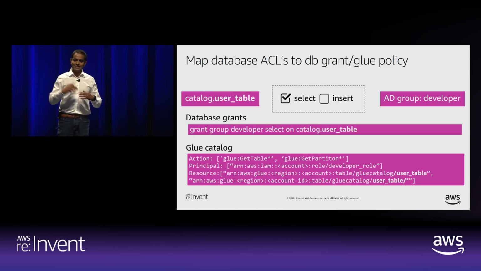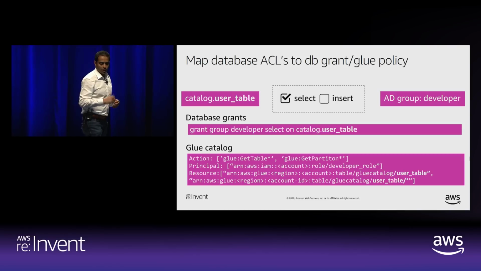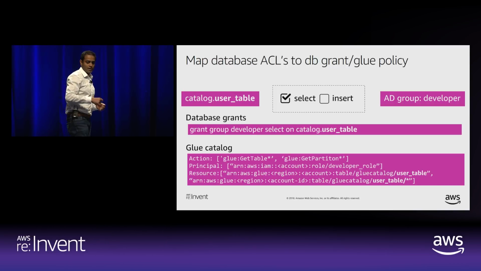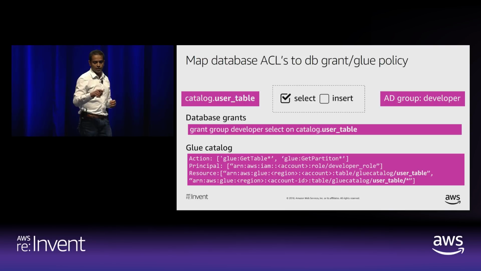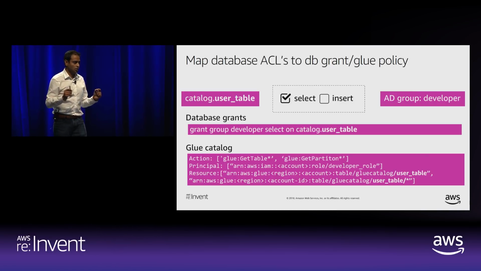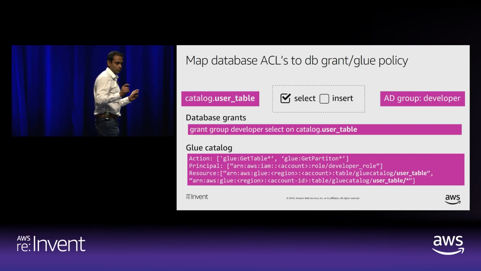Now, in the case of Glue catalog, because we have a separation of storage, compute, and catalog, this kind of control can be inserted directly at the catalog level. And the way you would do that is something like this. You have an action called glue get table or get partition. The principal here, if you note, is the same role that the AD group is mapped to as soon as we do the federation. And then the resource is the table that you want to lock down this control to.